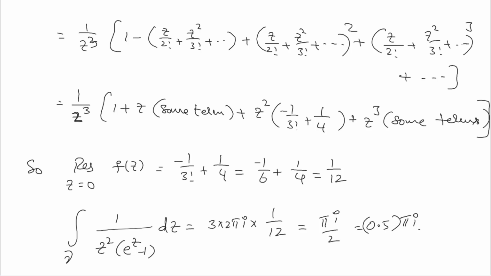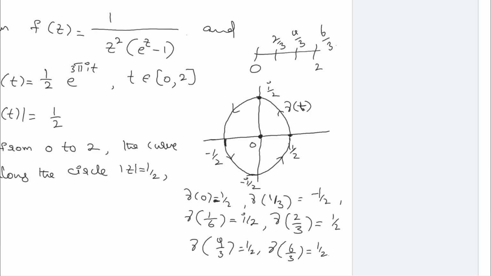Here one can have a doubt: why is it written 3? The residue theorem tells us 2 pi i times the residue at that particular point. But why is it written 3 here? That comes from the given curve.